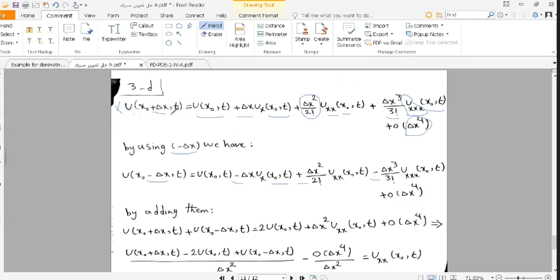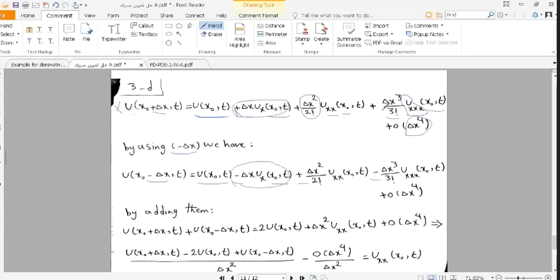In the first line we have u at x0 and t, and in the second line we also have u at x0 and t. In the first line we have plus delta x u_x, but in the second line we have minus delta x u with respect to x.